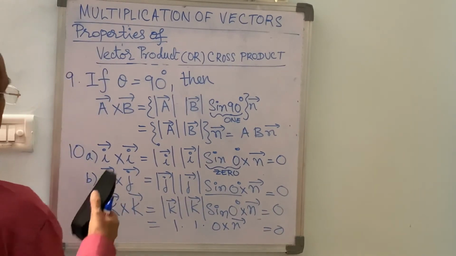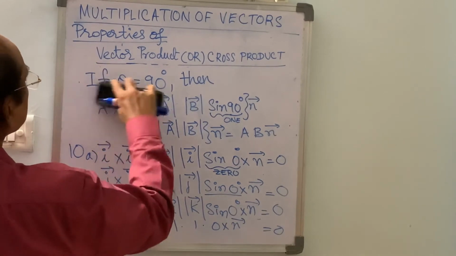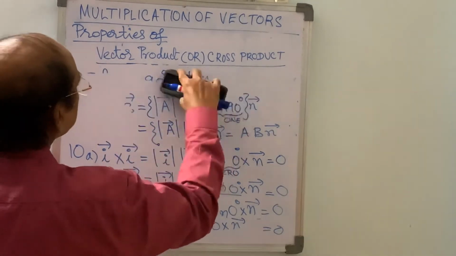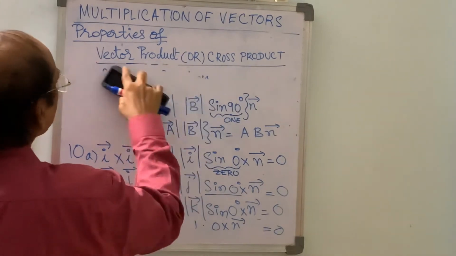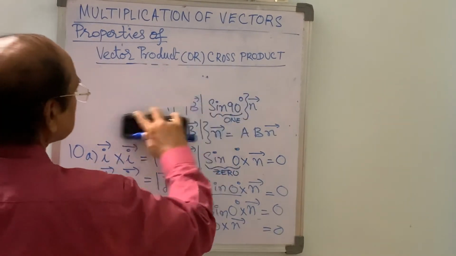Now we consider the vector product with the y direction and z direction vectors with i bar.